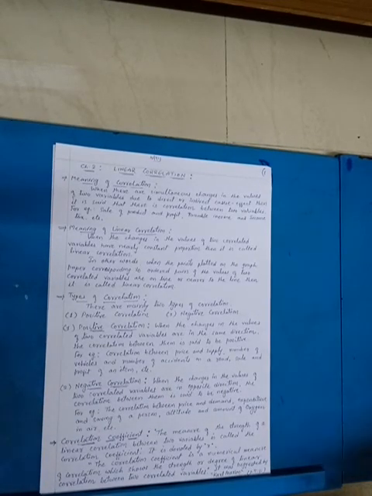And income and saving is positive correlation. If the income of a person increases, the saving also will increase. If the income decreases, the saving also decreases. So that is how we can define positive and negative correlation, the types of correlation.